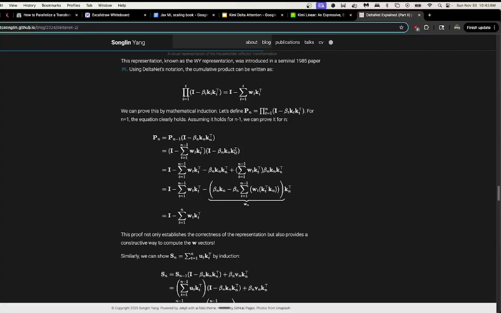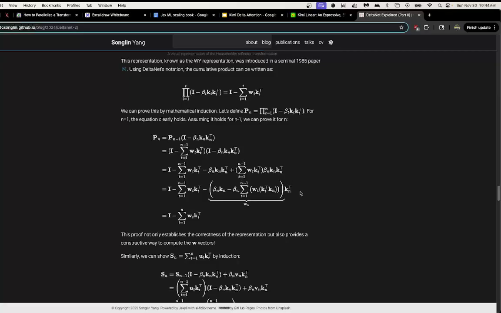And then here's our same Householder transition for this time step, n. Now, if we use our good old friend FOIL and just multiply it out, I times I, we get the identity matrix. I times this term, the summation to n minus 1, is still just that term. I times this term, beta k k transpose, we just get that term. And then finally, the summation times beta k k transpose is just the product of those two terms.